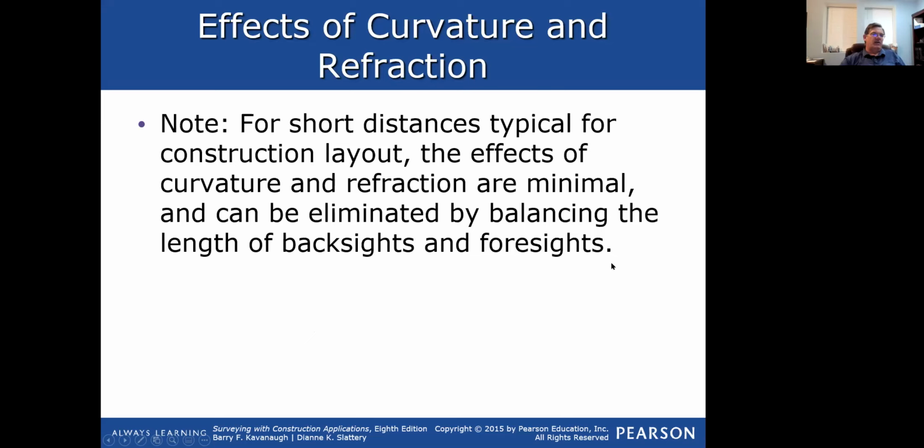Curvature and refraction. Curvature is the curvature in the earth. Refraction may sound silly, but it's light bending off the Earth's atmosphere. I want to think that in 1 mile, there is like 8/10. You would see 8/10 of a foot high in 1 mile because of curvature.